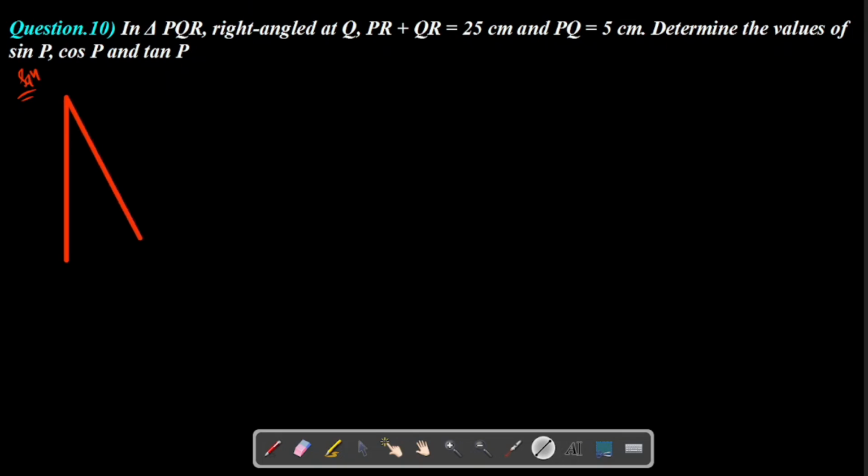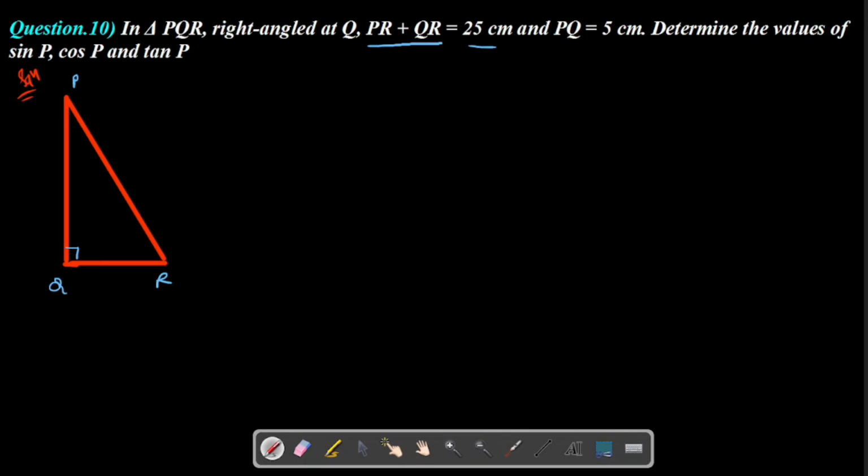So first of all, draw a right angle triangle here and name it PQR. So here is our triangle PQR which is right angled at Q. Now we are given that PQ plus QR is equal to 25, right?